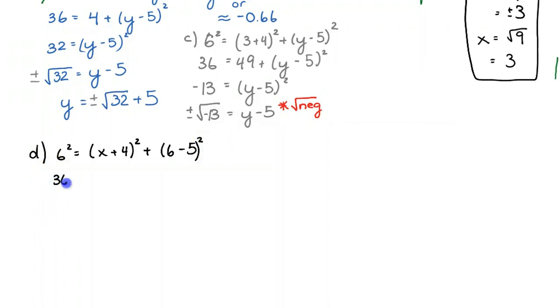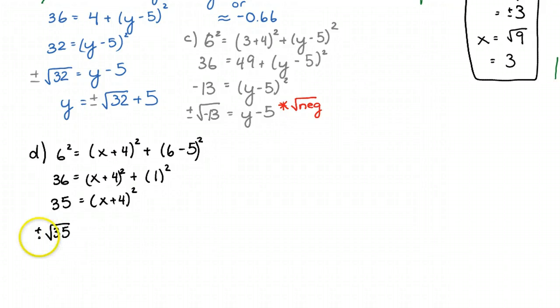So 36 is equal to x plus 4 squared plus 1 squared. So 35, there's a little copy error there. It's equal to x plus 4 squared. So the square root of 35 plus or minus, because I had to take it, is x plus 4. So therefore, x is equal to negative 4 plus or minus the square root of 35.